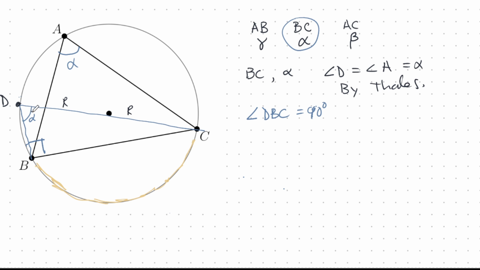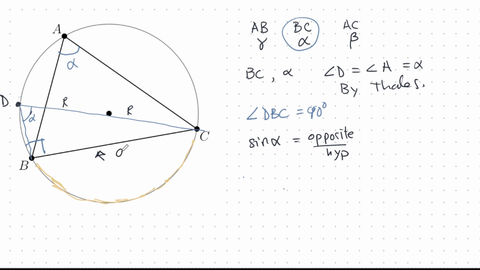So let's look at angle alpha. What is sine alpha? Sine alpha is opposite over hypotenuse. And the hypotenuse is 2R. But what is opposite? The opposite side is this one. It's opposite angle alpha in this 90-degree triangle here.